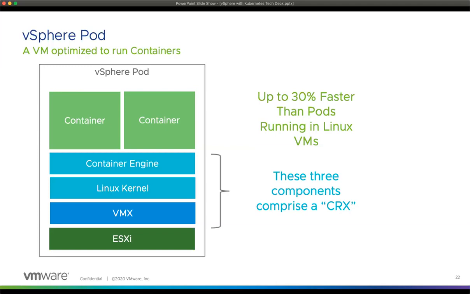I'm going to schedule that pod on CPU 0 and not schedule it on CPU 1. I don't believe the Linux kernel has that just yet, or at least not at the level we're doing. So that's how you're getting that 30% faster than pods running in Linux VMs.